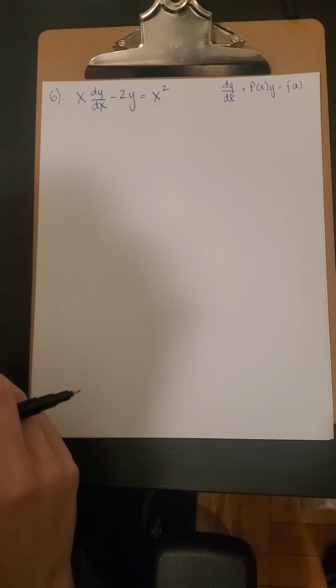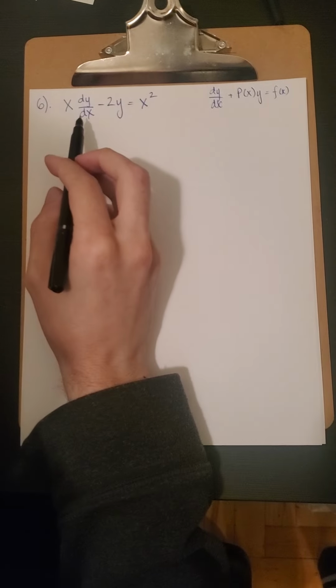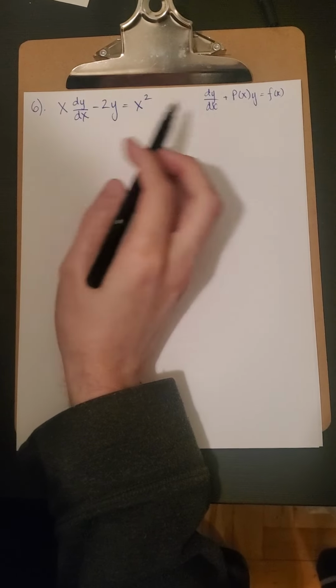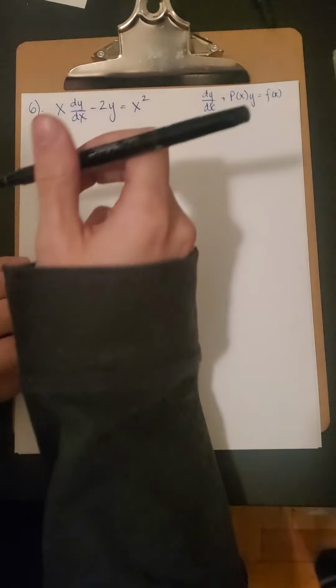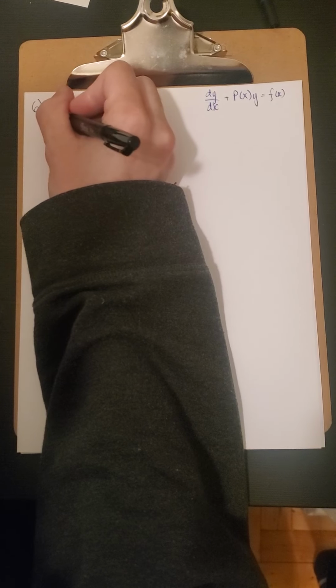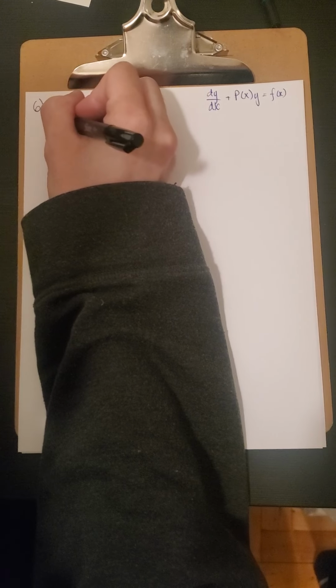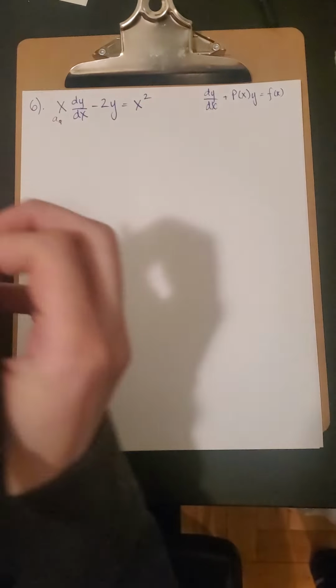Okay, so the first thing I'm going to want to do is get this problem into the standard form. To do that, all we have to do is divide by this coefficient right here, that a naught or a sub 1.